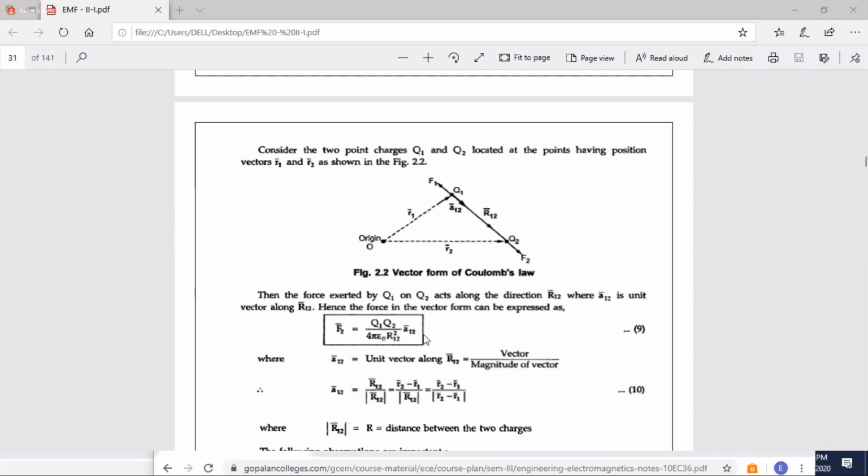Now, this is easy. If you have a vector for Q1 and a vector for Q2, you can find the vector between 1 and 2, and you can find the unit vector of that. But you have to know how to do that.